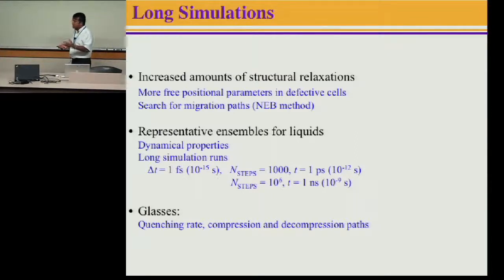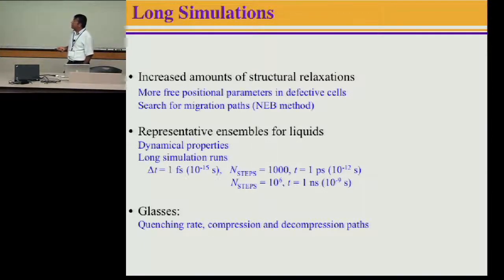Once you have a defect, then free parameters are introduced. If you are searching for a migration path and using the NEB method, then you have to try several intermediate configurations and compute the energy and forces. So just because of this reduced symmetry and increased free parameters, you have to do longer structural relaxation.